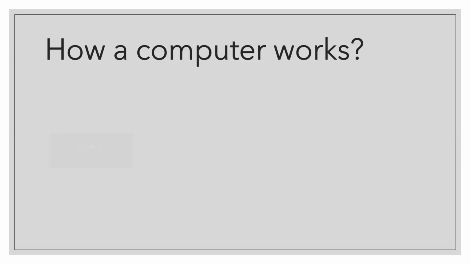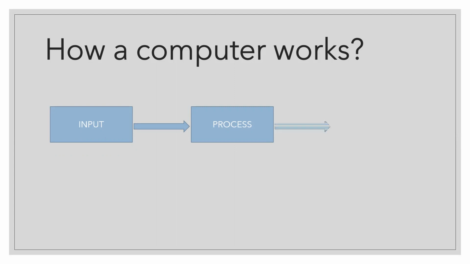First, it takes input, then it processes this input data, and finally it provides output. So the main work of a computer is input, process, and output.